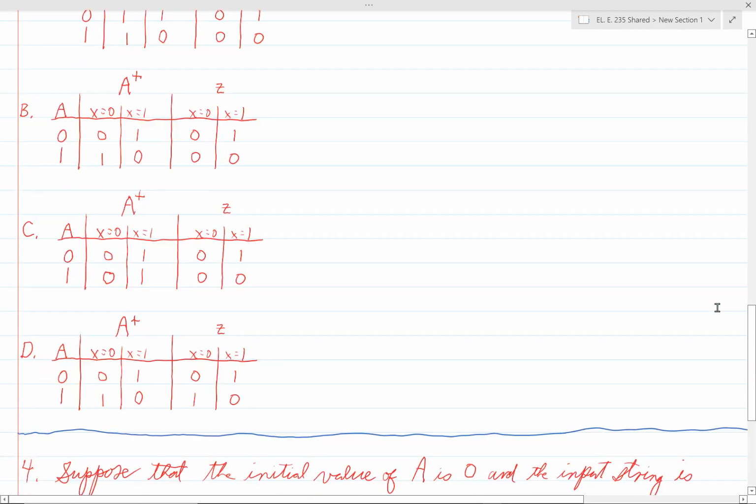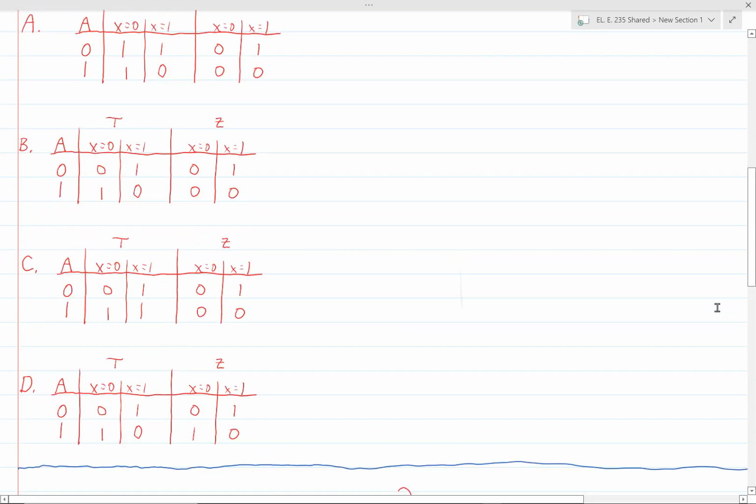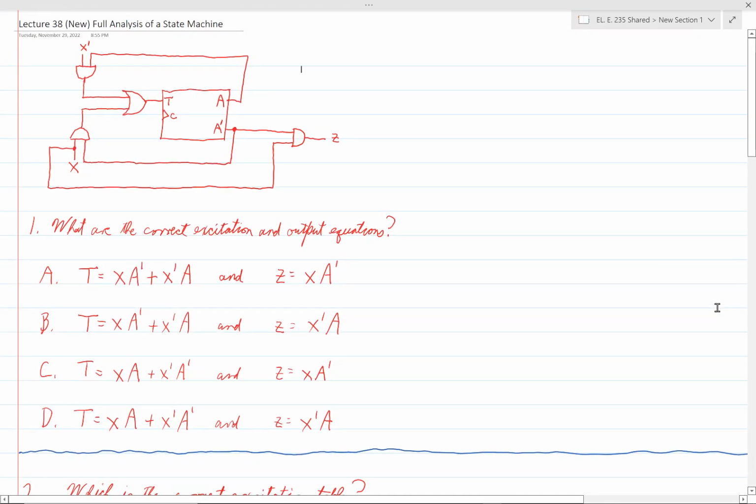These are examples of multiple choice questions that could be asked in relation to a problem like this, or a circuit like this.